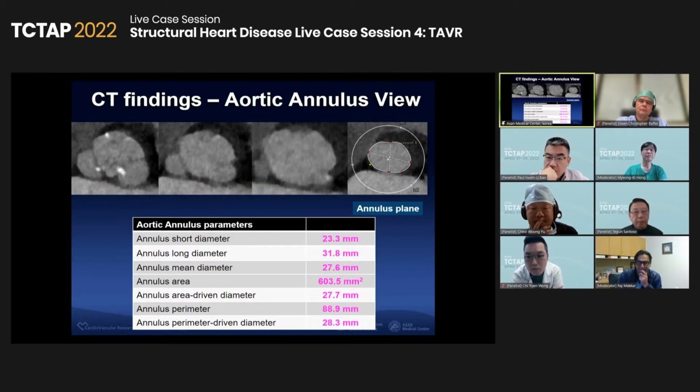This is the CT finding of this patient. In this aortic annulus view, in this table, his short diameter is 23.3 and long diameter is 31.8. Annulus area is 603.5 and perimeter is 88.9 millimeters.